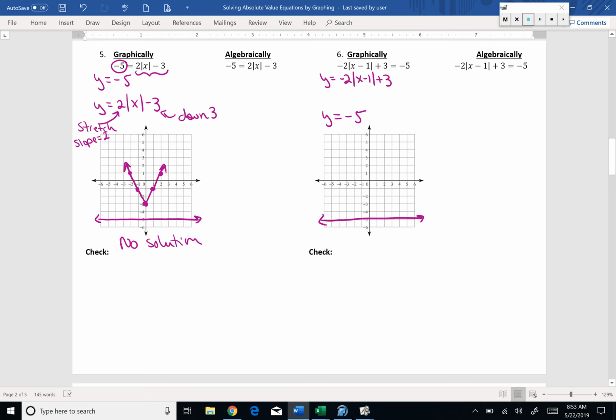In number 3 it was a no solution, but in number 4 it wasn't. Number 5 it was a no solution, but now number 6 it might not be. Number 6 has a lot going on. So here we go. We do have a negative sign. So we do reflect.